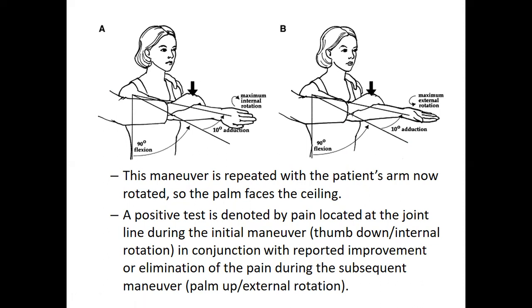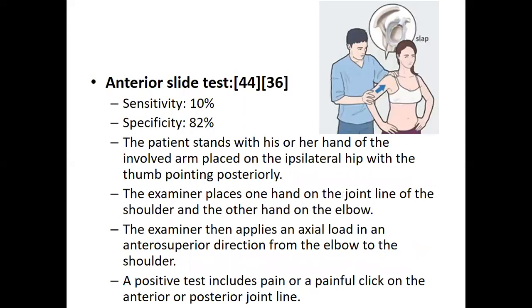If pain was provoked in the first test, it will be a positive test, and confirmation is that during the external rotation, if the pain is slightly reduced or completely eliminated, then in that case the test would be considered a positive test.